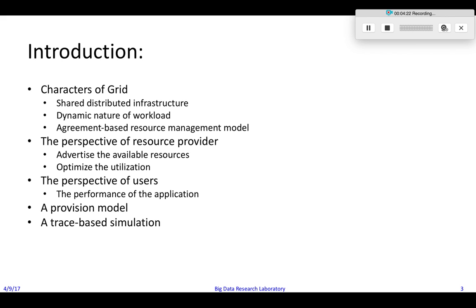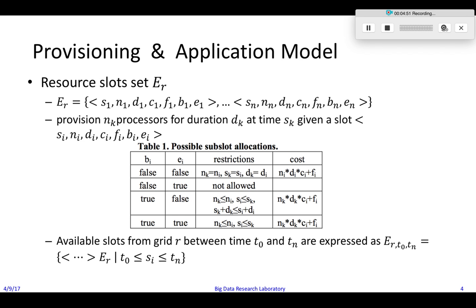In this paper, the authors proposed a cost-based model where the providers advise available resources to the users while optimizing the application performance. Then a trace-based simulation is conducted to compare the proposed method and the best effort method.